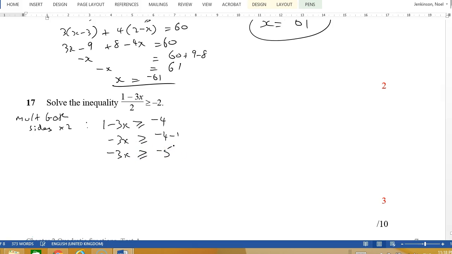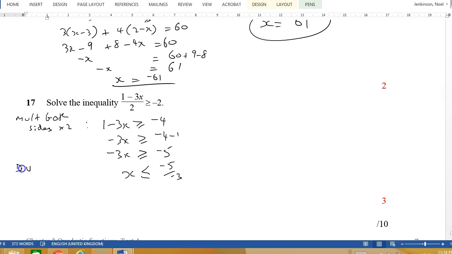And now comes the trick. If you divide or multiply by a negative number, you swap the signs. I'm going to take the negative 3 over, so I'm actually going to swap the sign: negative 5 on negative 3.